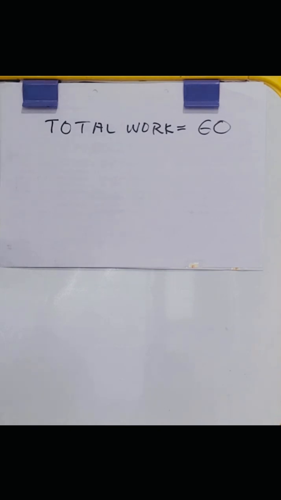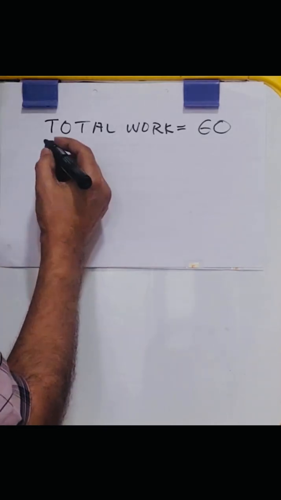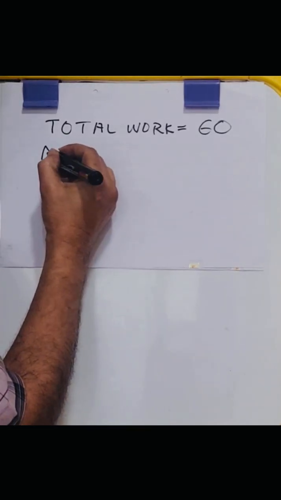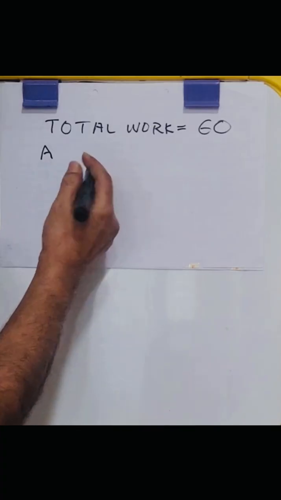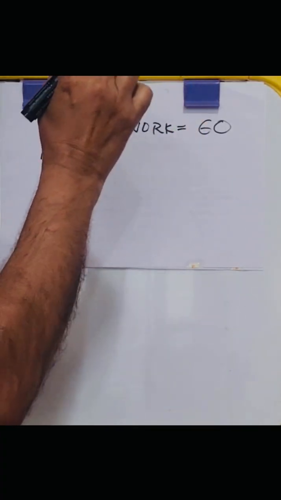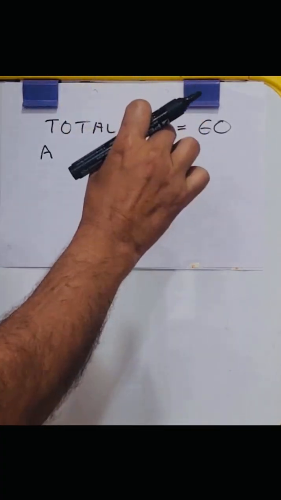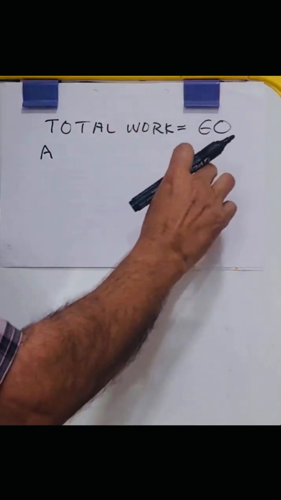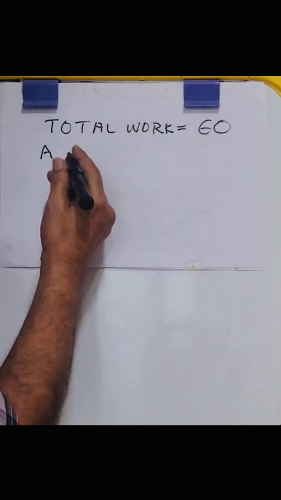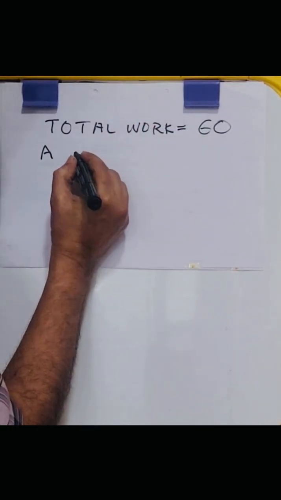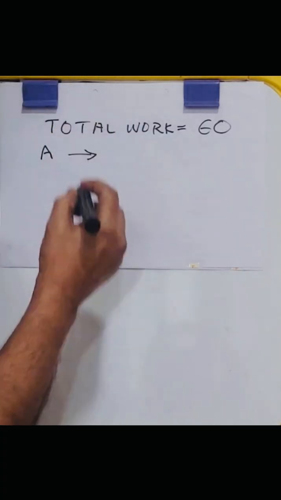And the first step is to calculate how many boxes A can shift in a day. A takes 20 days to complete the work.